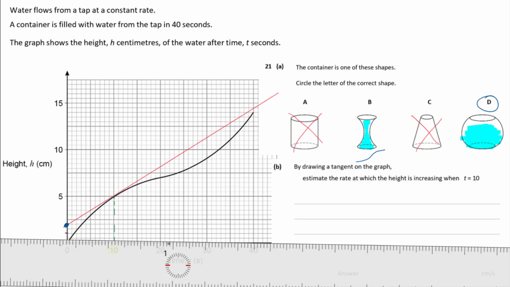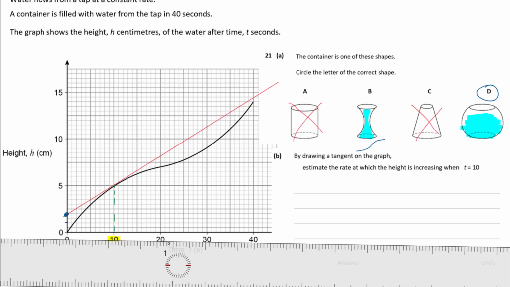So at that point there, what's that? That's 1, 2, 3, 4 little squares above 0. Now there are 10 squares between 0 and 5, so each one of those is going to be a half. So I reckon that's 2 at that point. And if we take one at 40 up here, look, that one is 1 little square below 15.